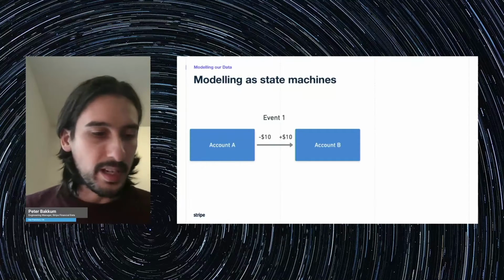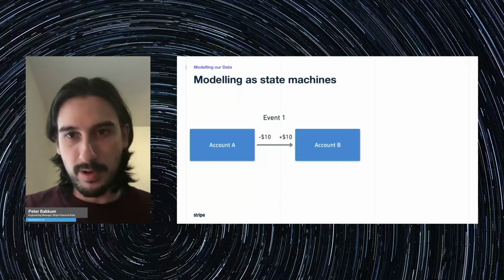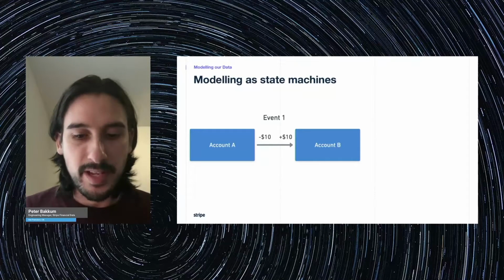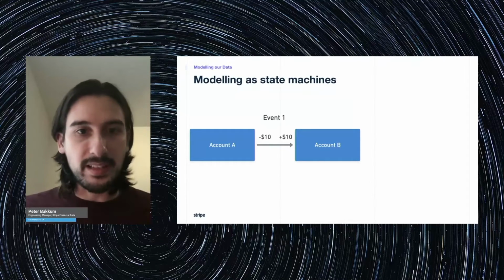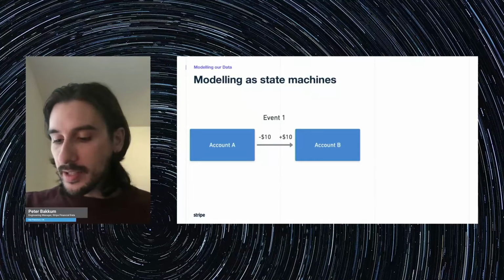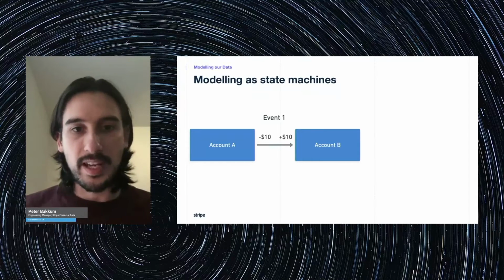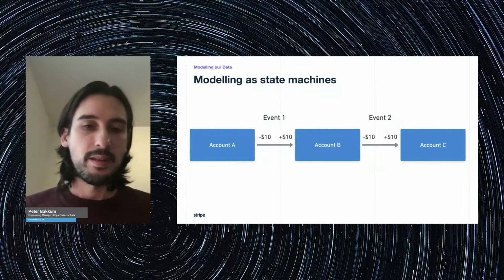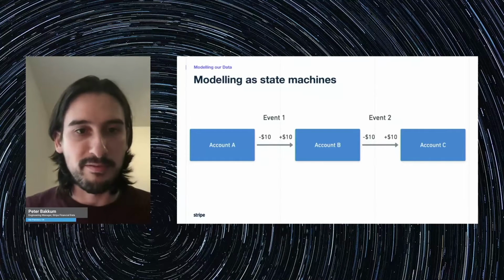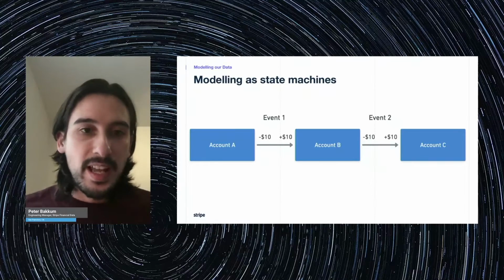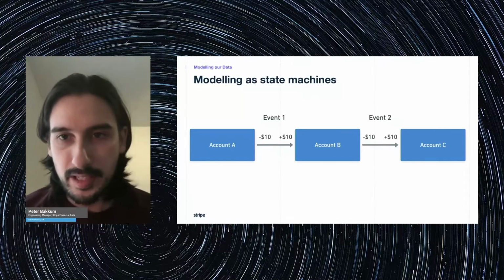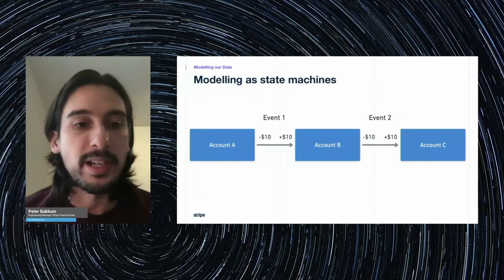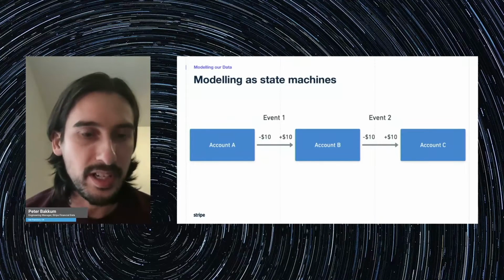This is useful because we record an event, we record metadata on the event, we record an action that's been taken. But then it's also useful because we can string these events together. So another event can come along and say, okay, we're now moving money from B to C. So we've moved $10 from A to B to C. And this isn't quite a state machine, but you can model it very close to a classic state machine.